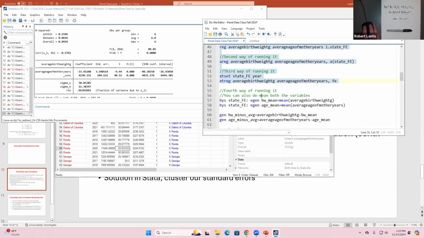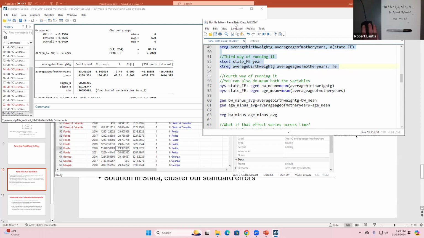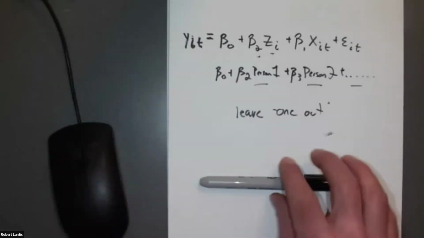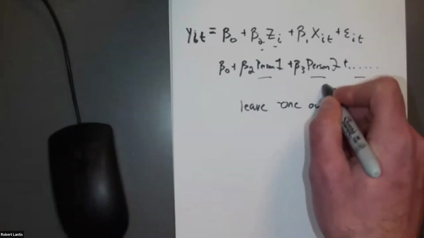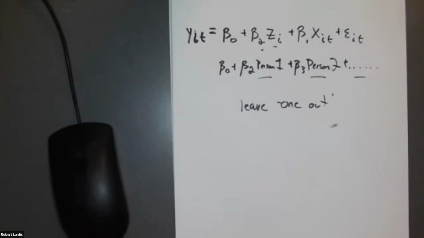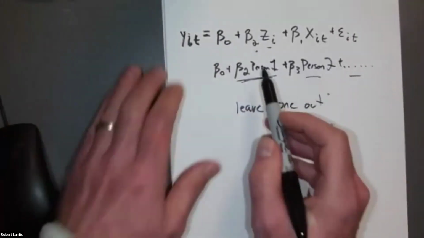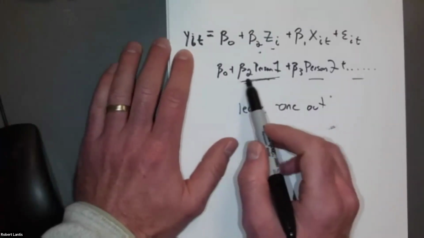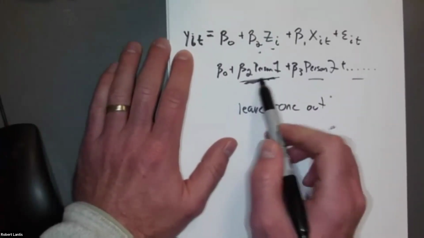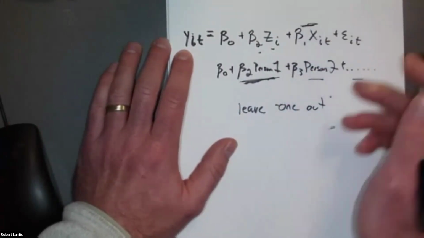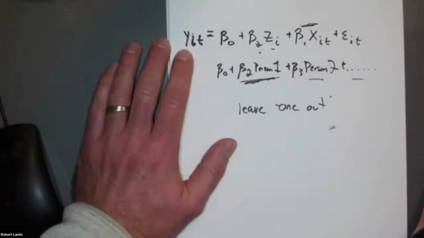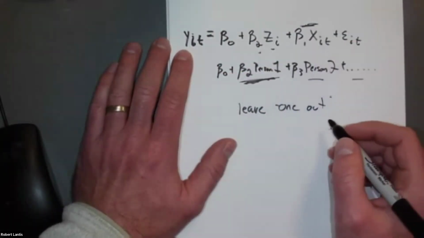Now, it may not be as clear, but what we're thinking about when we include these dummy variables, in a weird way, it's like I'm saying, okay, on average, what would the predicted Y value be for person one? And then allowing this X variable to change, how much would those predicted Y values also change by?